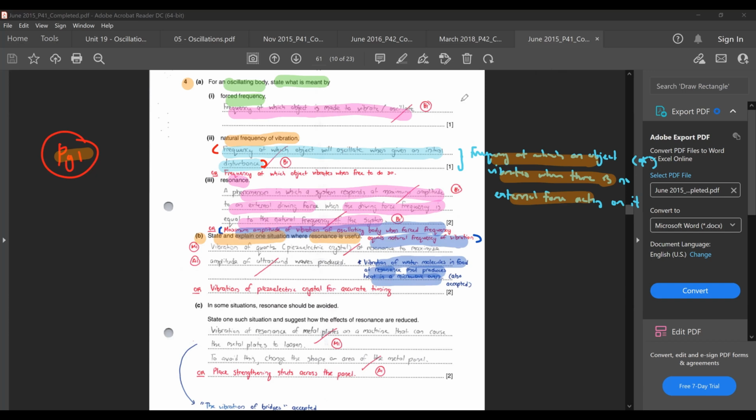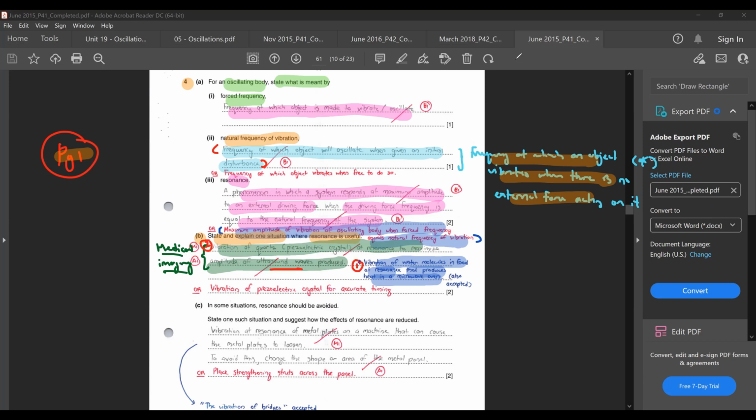Or you can also say vibration of quartz crystal at resonance to maximize amplitude of ultrasound waves produced. This one, as I mentioned, is under medical imaging. The exact principle of this will be covered in medical imaging. So right now, if I just mention this to you, you probably don't know what I'm talking about, but we will revisit it in medical imaging.